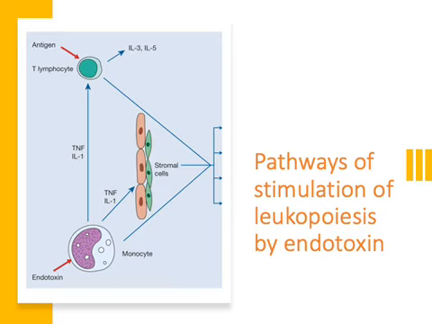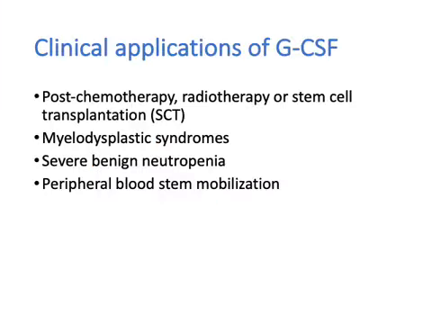Now, some of these growth factors and cytokines that we have mentioned are now available for therapeutic uses. And the most widely used of these is your granulocyte colony stimulating factor, which we know pharmaceutically as your filgrastim. So this is used to treat neutropenia post chemotherapy, radiotherapy, or during stem cell transplantation.